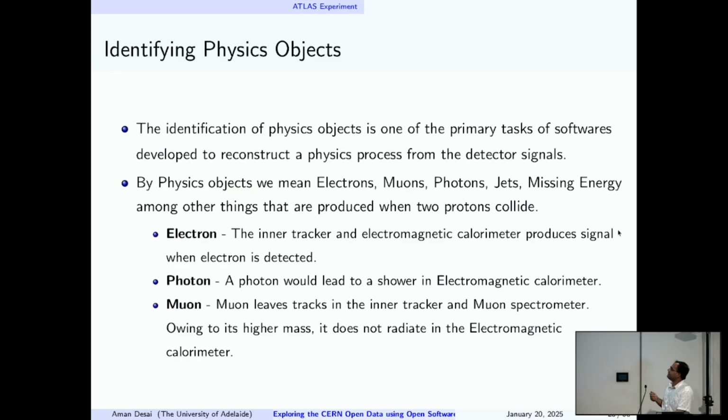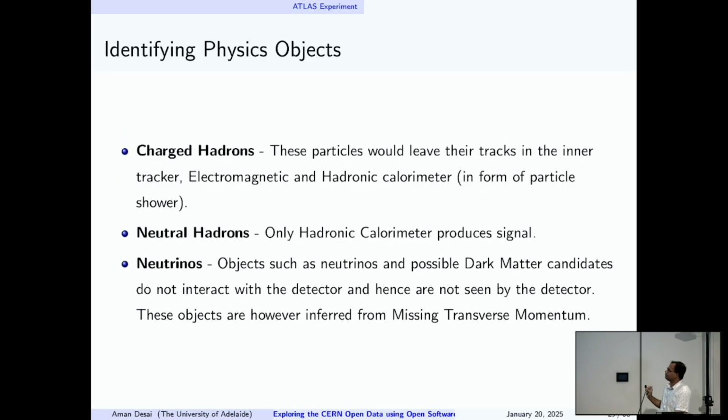So, identifying the physics objects is one of the primary tasks, and by physics objects we mean electrons, photons, and muons, and how they are detected and stored. I'll skip these details for the moment. Different particles behave differently; for instance, dark matter leaves the detector itself.